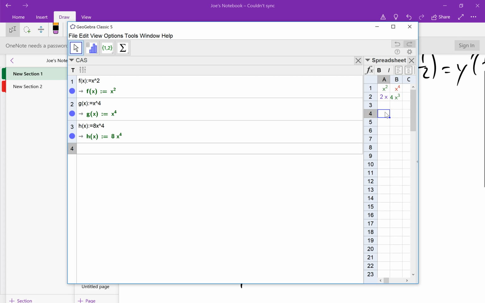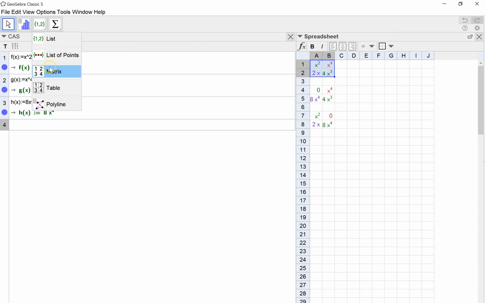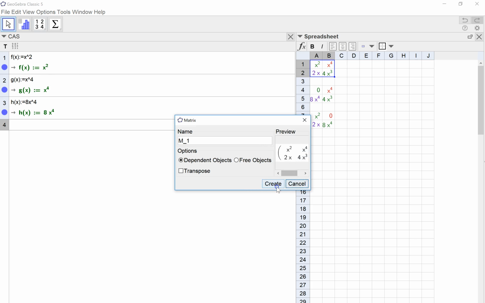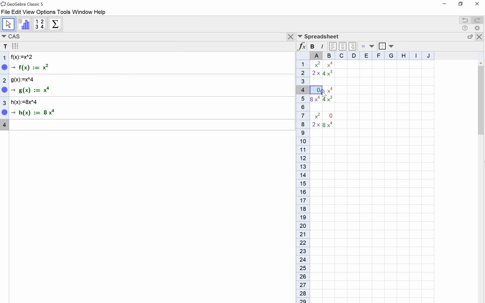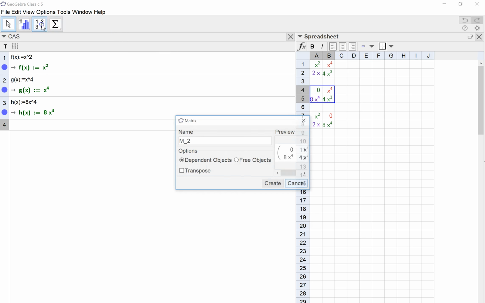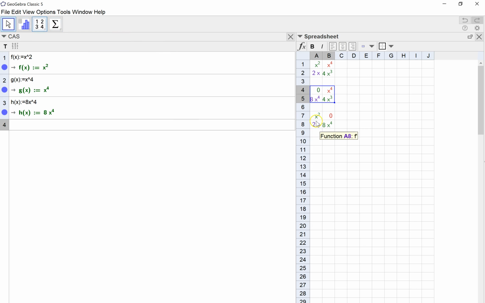Let's go through and define all of these. So we've got our M1, our M2, and our M3.